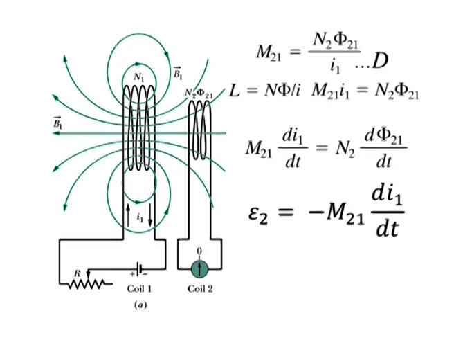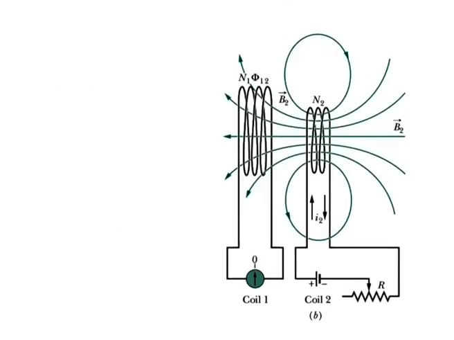Let us now interchange the roles of coil 1 and 2. That is, we set up a current I2 in coil 2 by means of a battery, and this produces a magnetic flux phi 12 that links coil 1. If we change I2 with time by varying R, we then have, by the argument given earlier, epsilon 1 is equal to minus M12 into dI2 upon dt. Thus, we see that the EMF induced in either coil is proportional to the rate of change of current in the other coil.